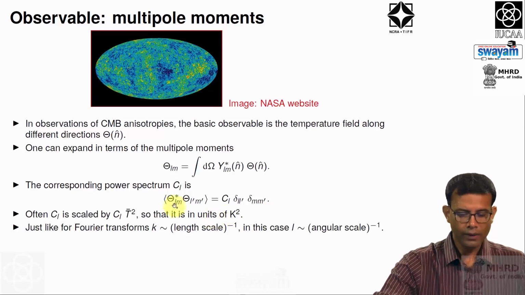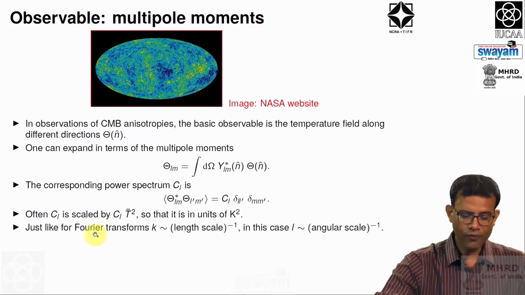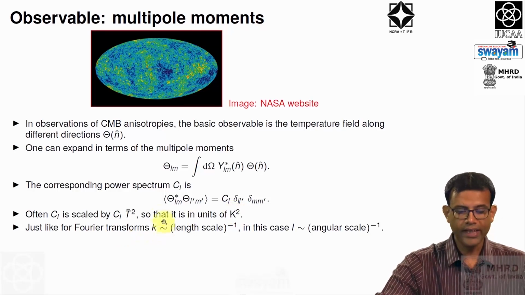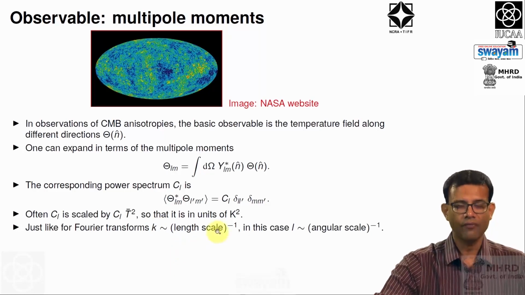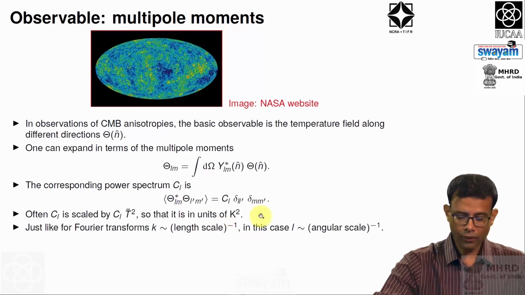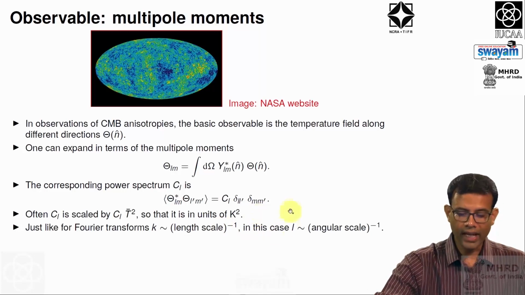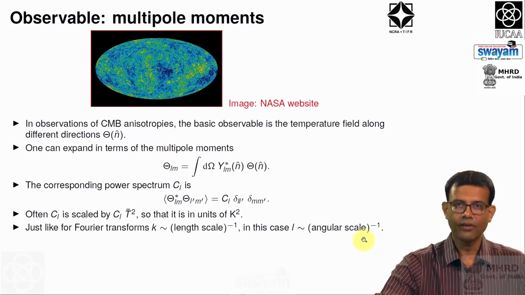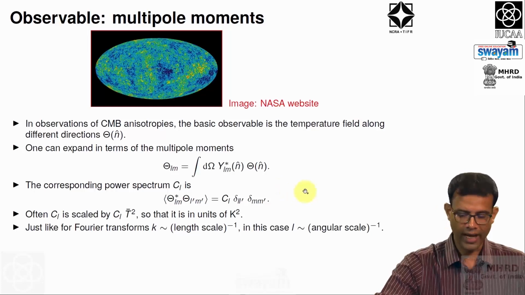Now, let us try to understand the significance of this L. Remember, for Fourier transforms we saw that K is actually measuring the inverse of a length scale. With the same analogy, L will be measuring the inverse of angular scales, the angles theta phi in the sky.